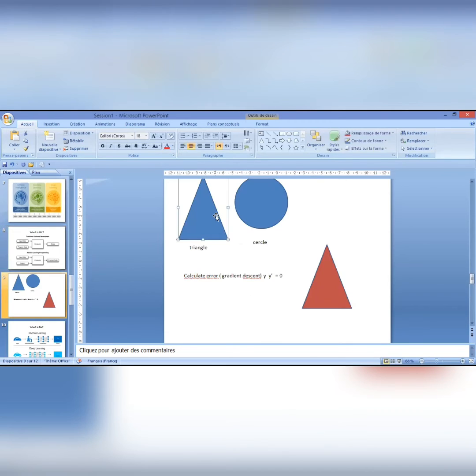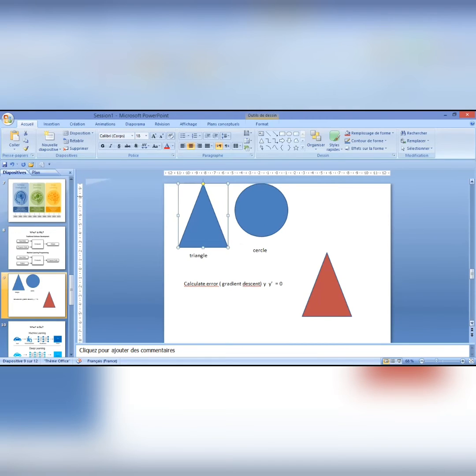In this case, we will give it a very massive amount of data of triangles, I mean triangles in every color, in every direction, in every nature, and so on, and also a big number of circles. We will give it the label always for the training, saying that this is a triangle and this is a circle. Then we will let the machine decide by itself.